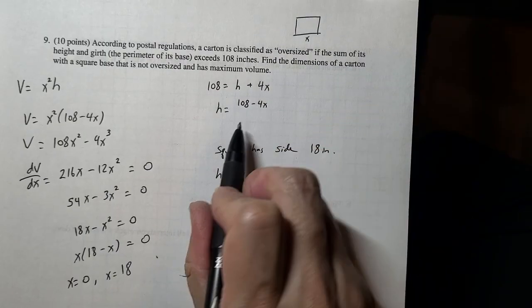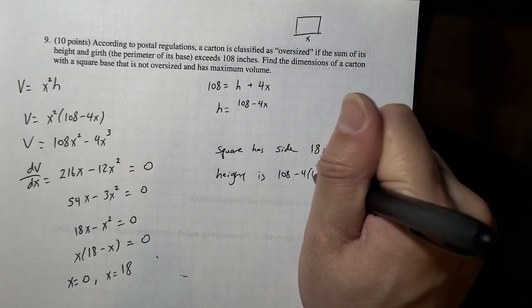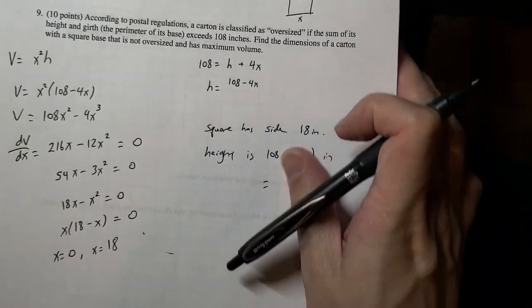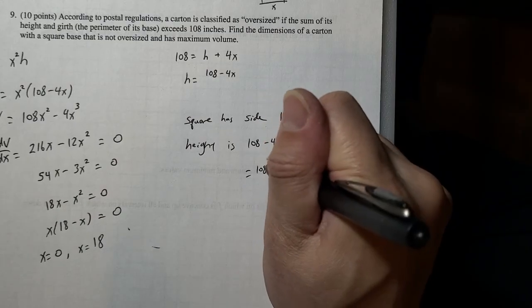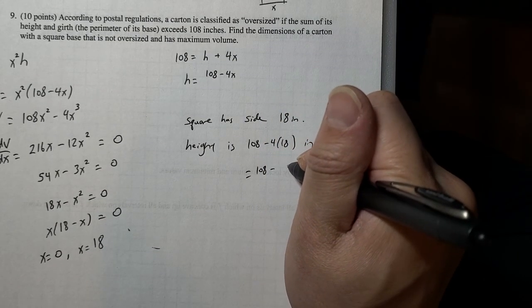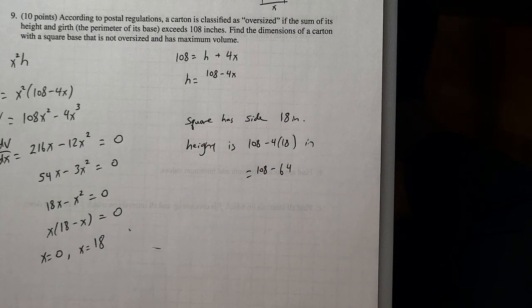It will just be 108 minus 4 times 18. What is that? 108 minus, is that 64?